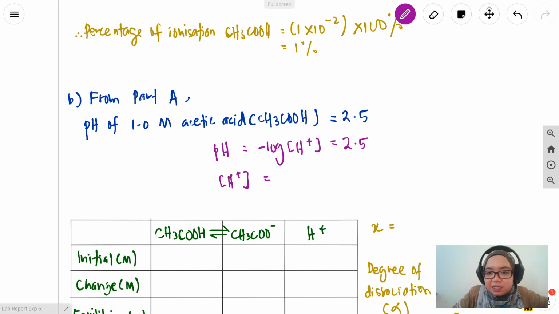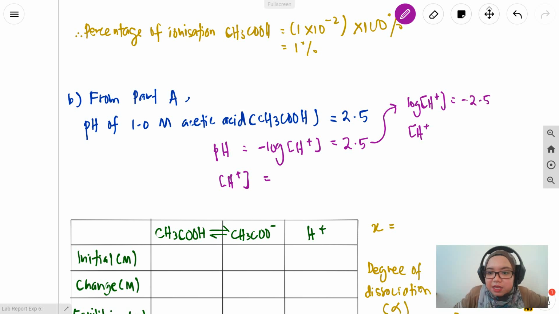So by using the calculator, you can use pH is equal to negative log H plus. You bring the negative into the pH punya value, so dapat negative 2.5.